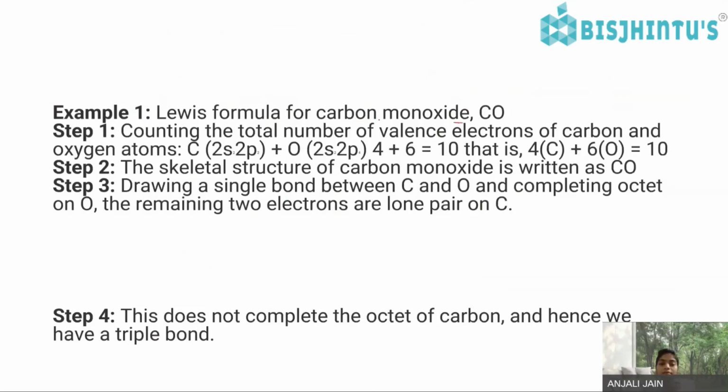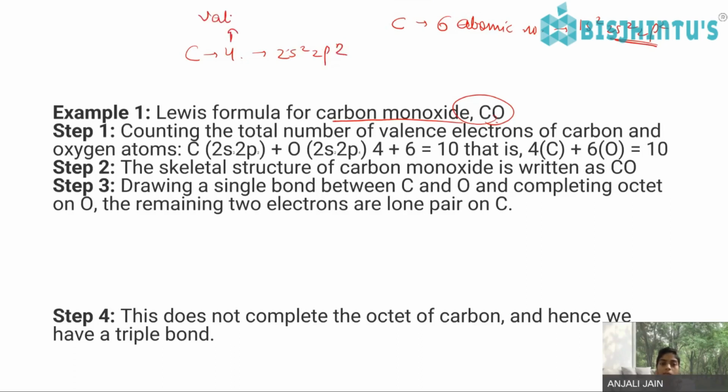If I have to write the Lewis structure for carbon monoxide, carbon has atomic number 6, so 1s2 2s2 2p2.